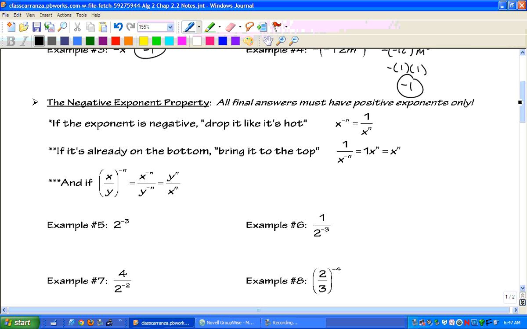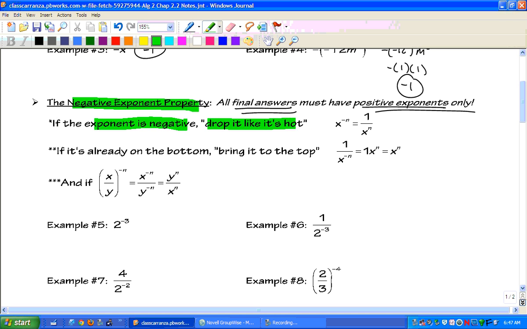All right, let's look at our next property, the negative exponent property. And this is saying you need to remember that all final answers must have positive exponents only. So if the exponent's negative, drop it like it's hot. If it's already on the bottom, bring it to the top.